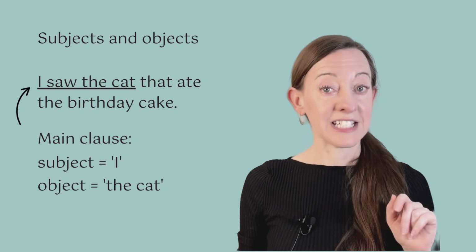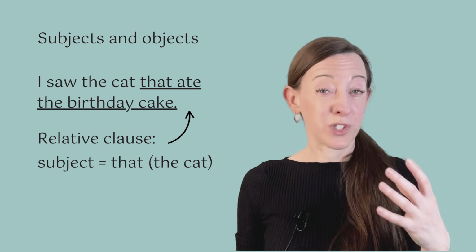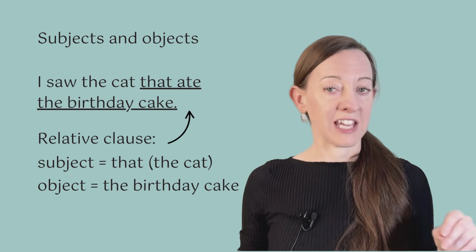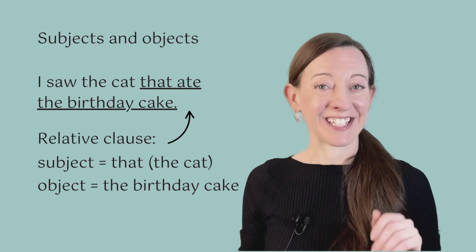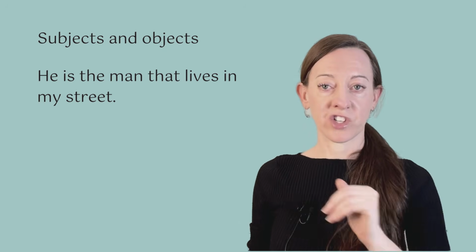On the other hand, the subject of the relative clause is that, which means the cat. And the object is the birthday cake, because the cat is the one who did the verb, who ate the cake.